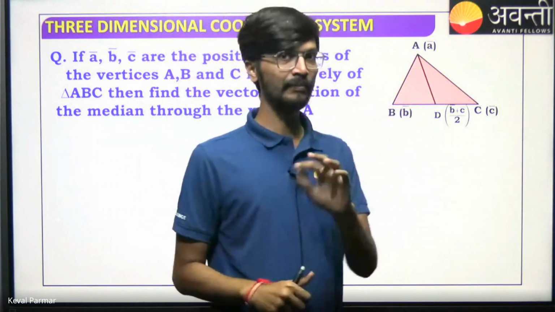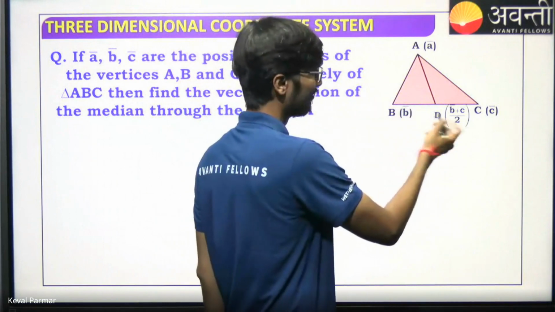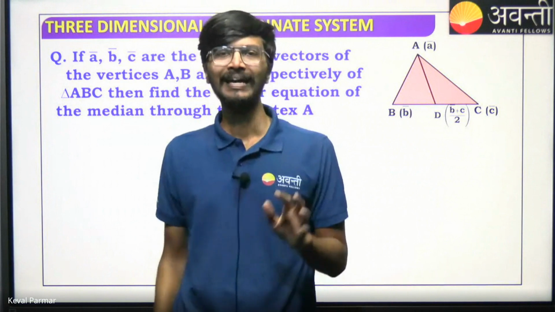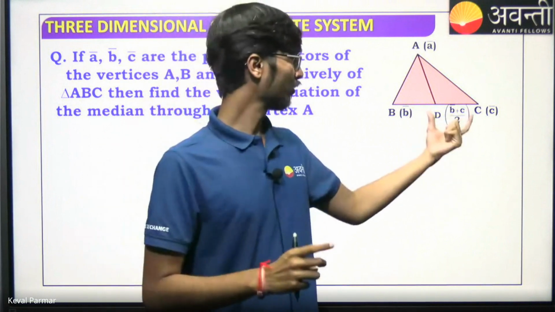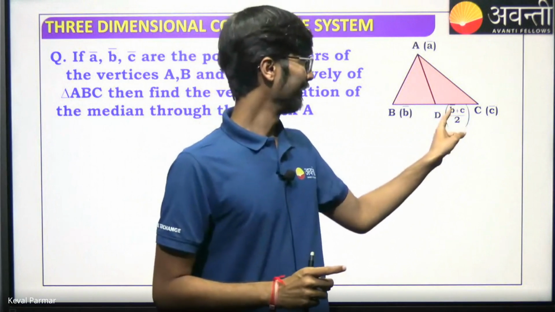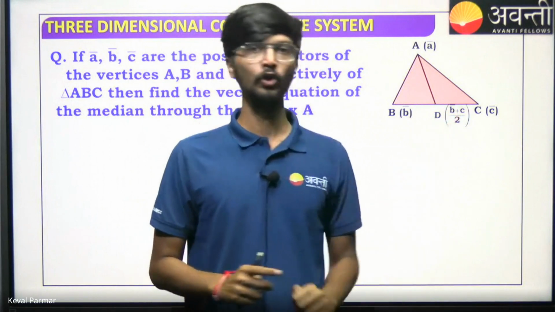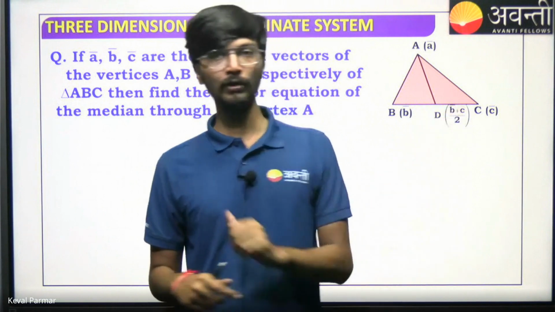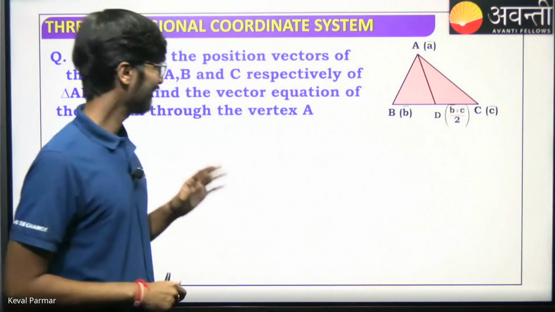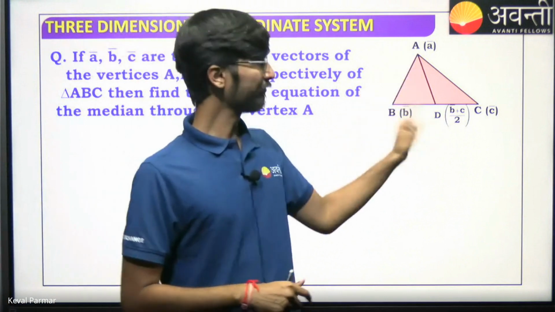If AD is a median, that means D is the midpoint of BC. And if D is the midpoint of BC, then I can easily get the coordinates of D, which is B vector plus C vector upon 2. They are telling us to find the equation of AD.